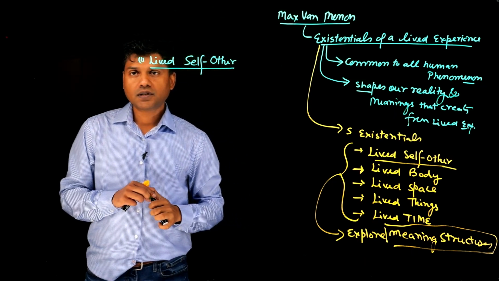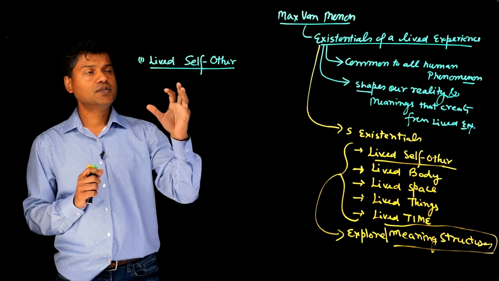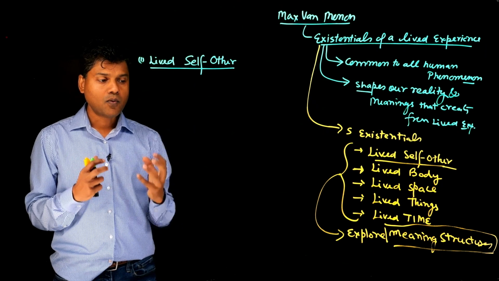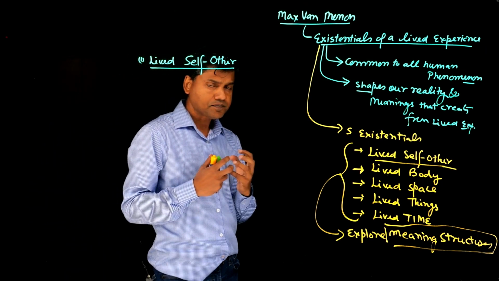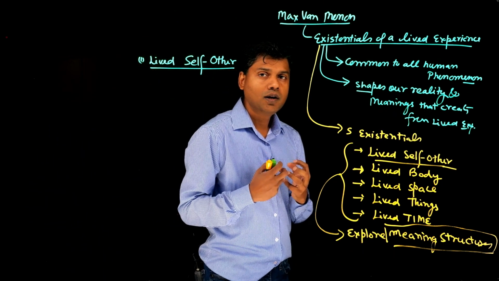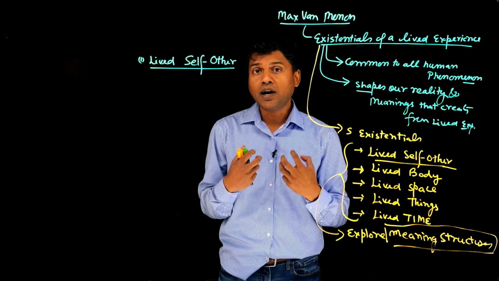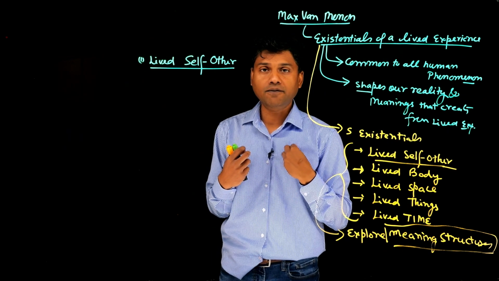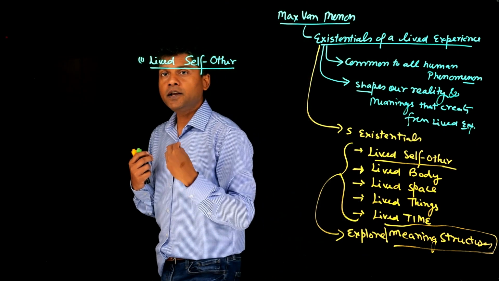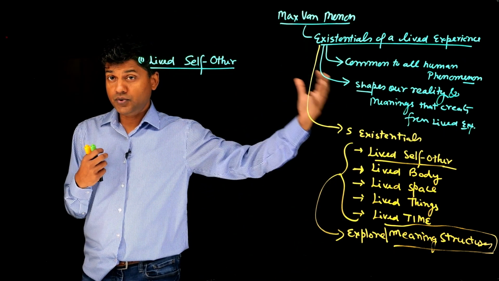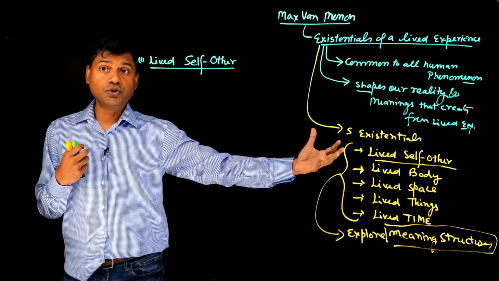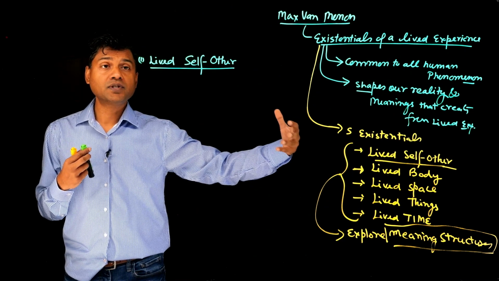Now, the first existential, lived self-other, refers to how I experience, as an individual, the self. How do I experience others related to the phenomenon that I'm investigating?